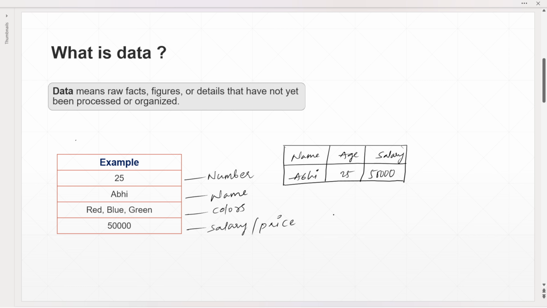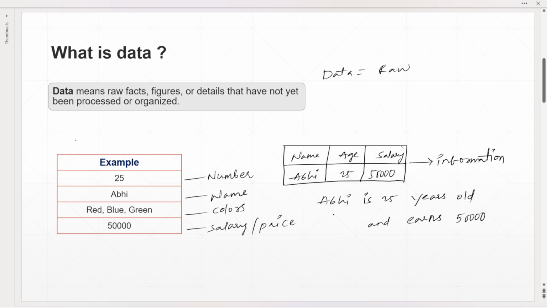We can easily understand Abhi is 25 years old and earns 50,000. So this is called information. In simple words, data is raw facts, information is meaningful data.